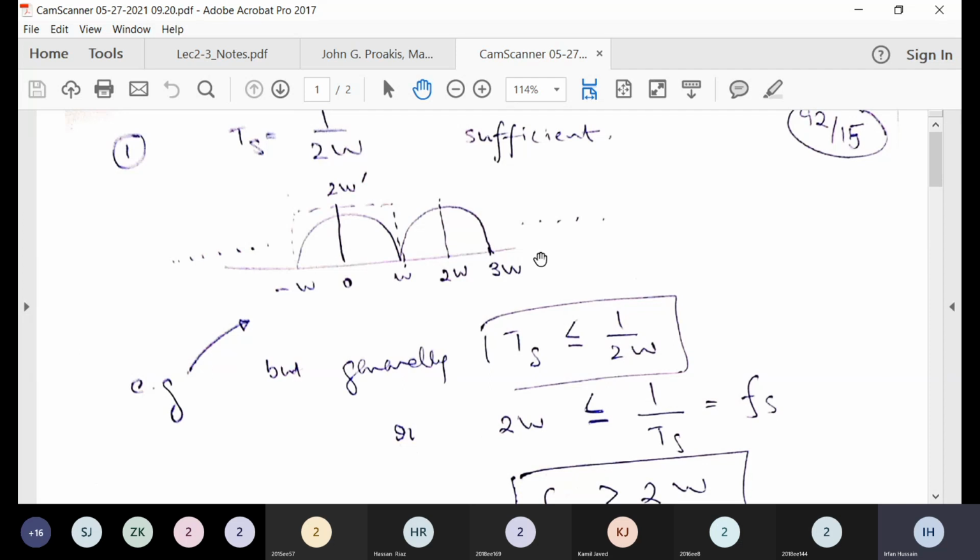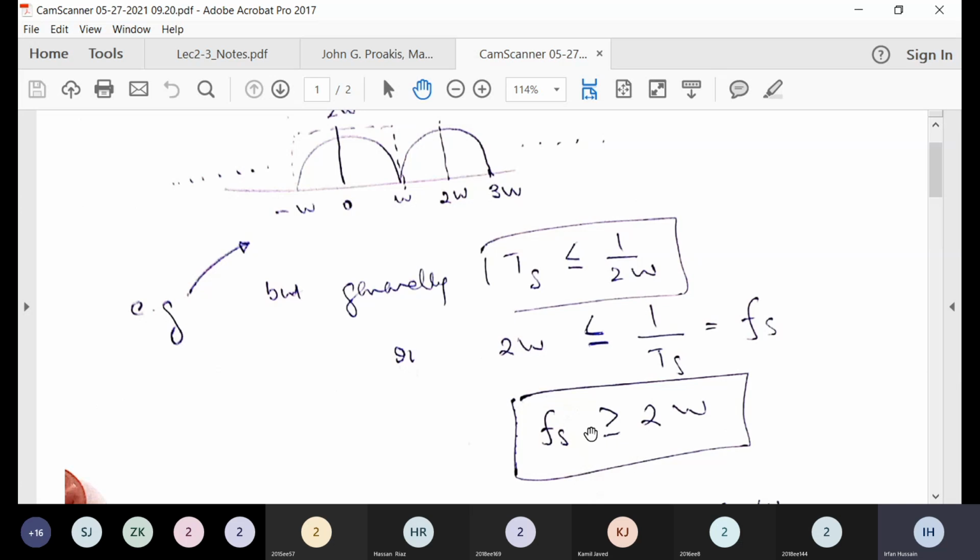But generally we have a sampling interval less than or equal to 1 over 2W, which is also good, though it is better to have Ts less than 1 over 2W. Or you can say 2W is less than 1 over Ts, and 1 over Ts is Fs.